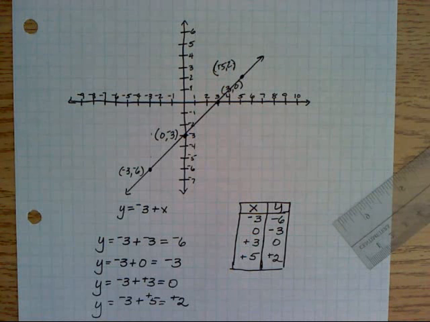Whenever you see a function that does not contain exponents, the result of the plot should be linear, or a line. So if you are plotting them and it's not a line, if you cannot use a straight edge or a ruler to connect the dots, then that means that you've made an error in your calculations, and you've come up with a wrong answer for your y.